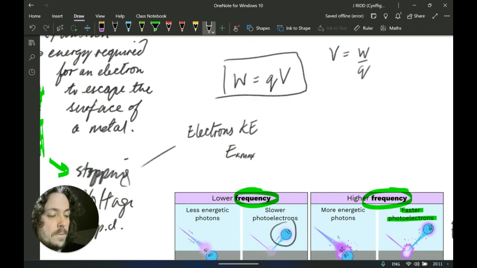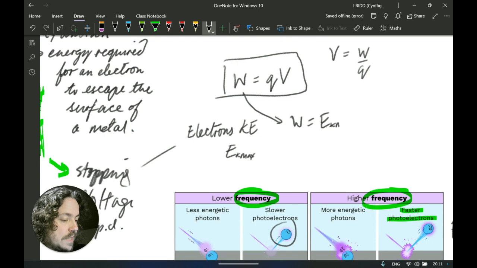Okay? So, here's the thing. If we want to stop our electrons, the work we do must equal the kinetic energy that they got, which is Ek max.